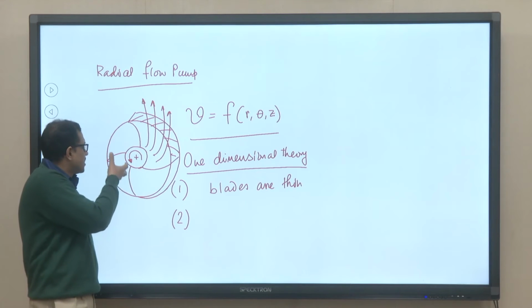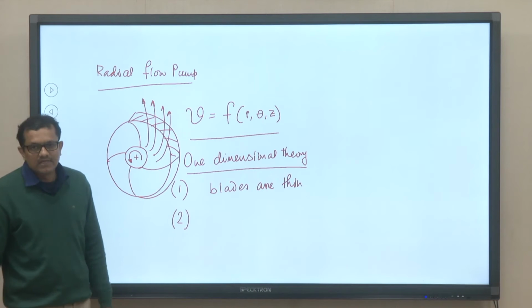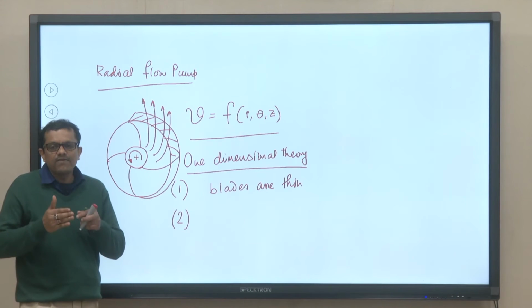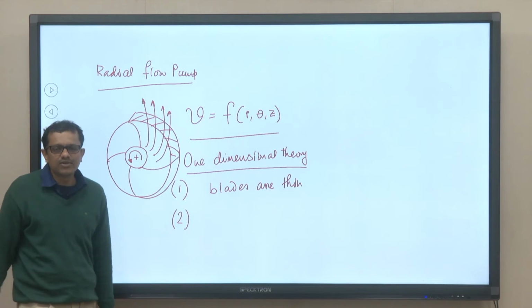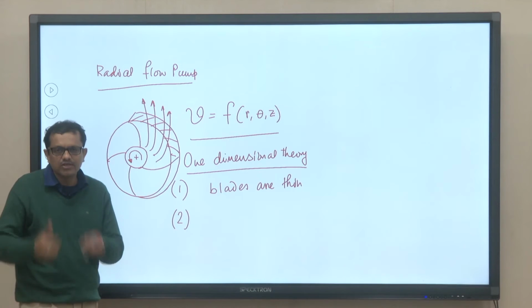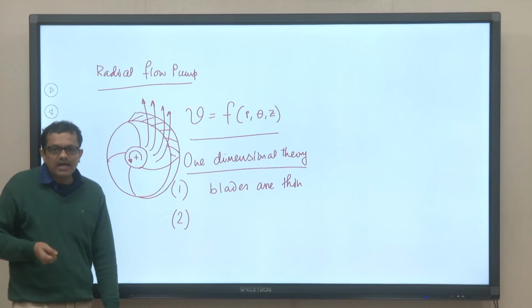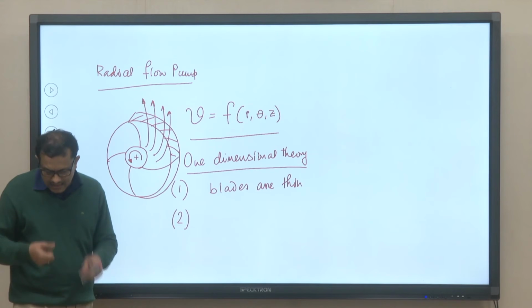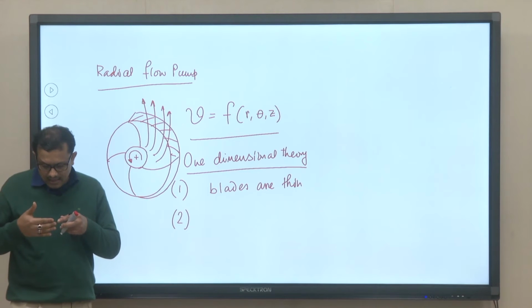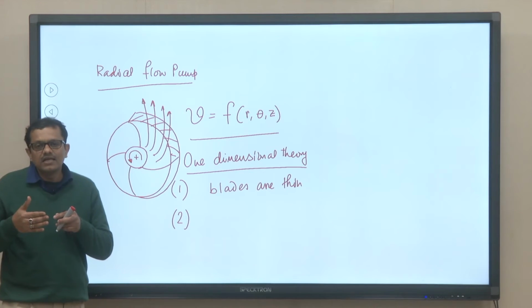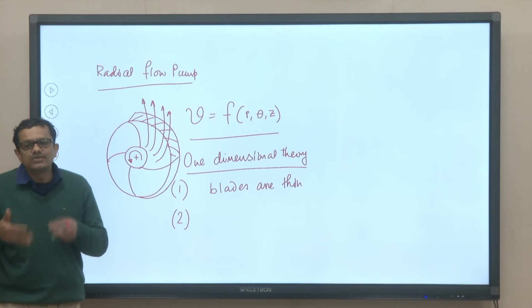We can assume there are an infinite number of blades, as a result of which the variation of flow velocity between two successive blades, two consecutive blade passes, is very small, right. Rather, we can tell it in a different way that the number of blades is infinitely large, so that the variation of flow velocity in the passage between two consecutive blades reduces and tends to 0.